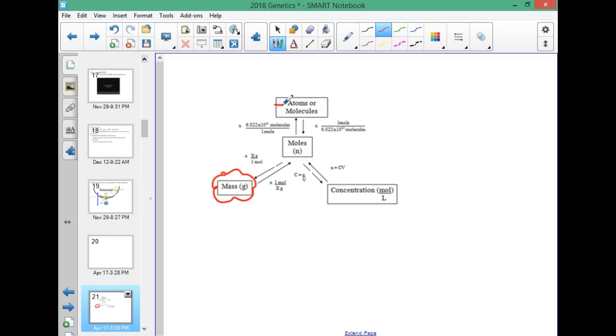That means you have to do the first step of calculating your moles, which you've already done, but you're not quite at your destination of calculating mass. You still have to take one more step and multiply that by the molar mass.